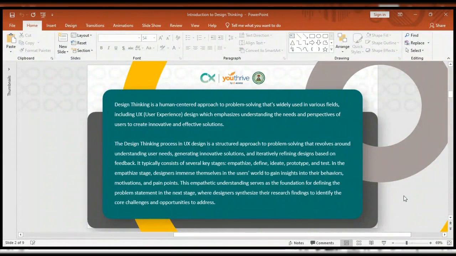Design thinking is a human-centered approach to problem solving that is widely used in various fields, including UX, user experience design, which emphasizes understanding the needs and perspectives of users to create innovative and effective solutions.